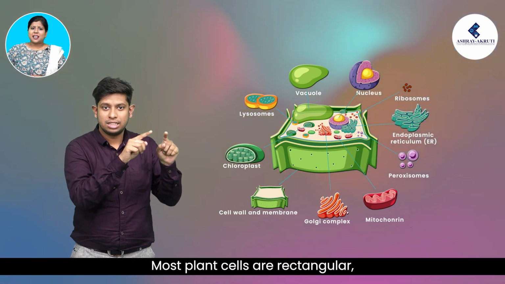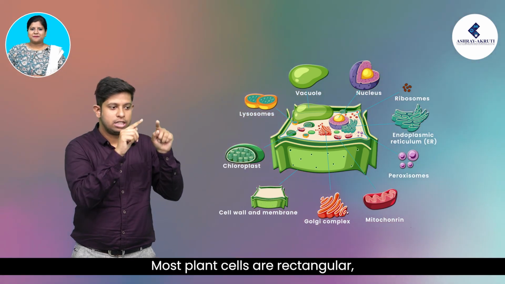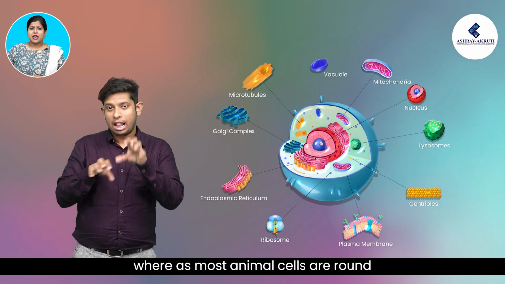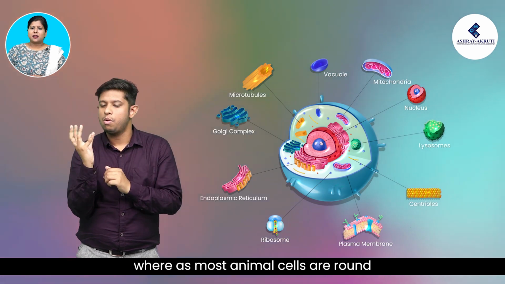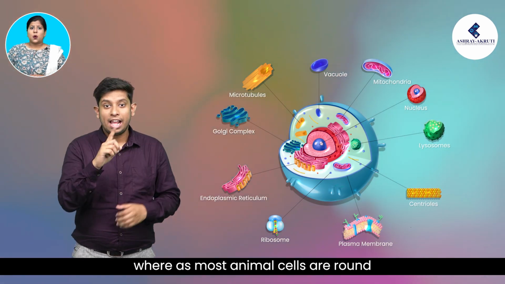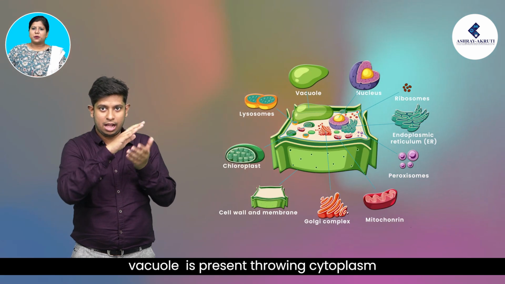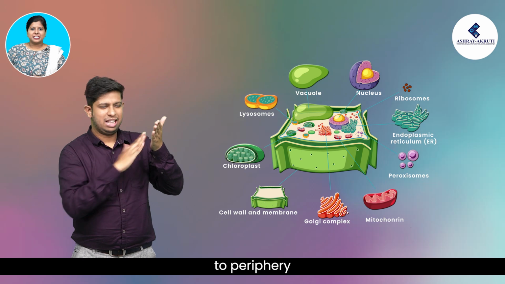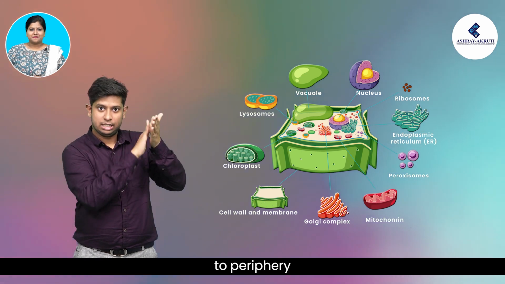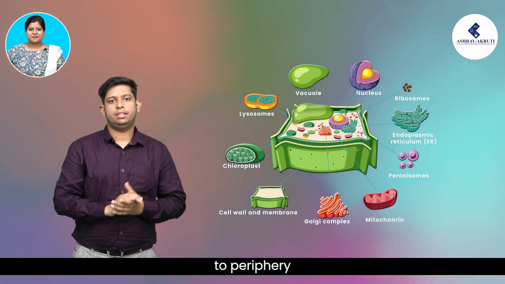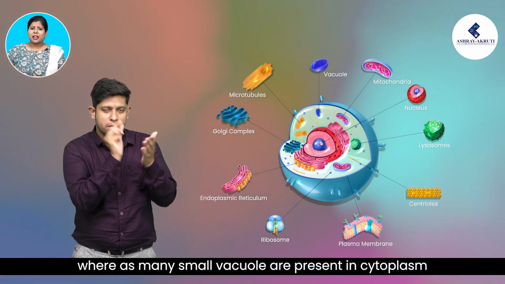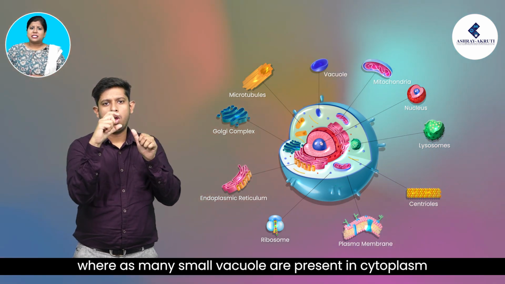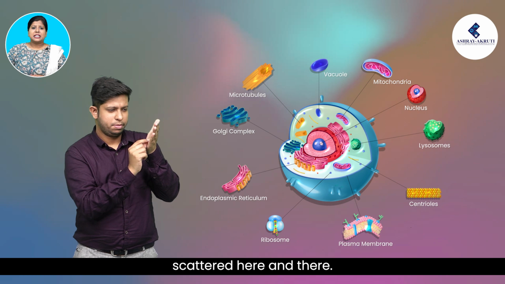Most plant cells are rectangular, whereas most animal cells are round. One large central vacuole is present, pushing the cytoplasm to the periphery, whereas many small vacuoles are present in the cytoplasm, scattered here and there.